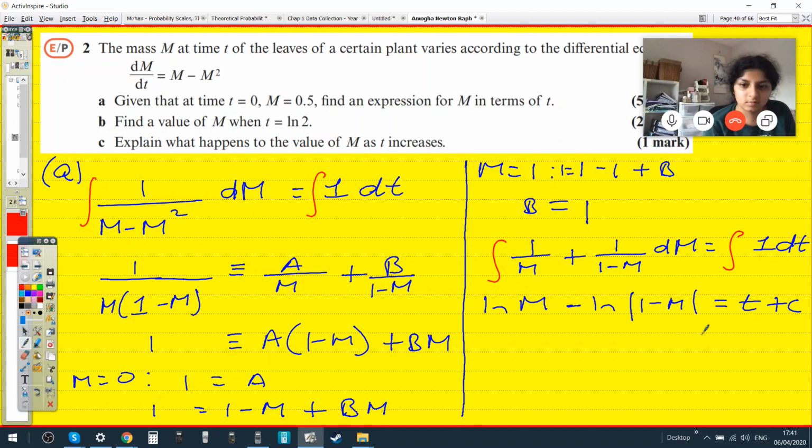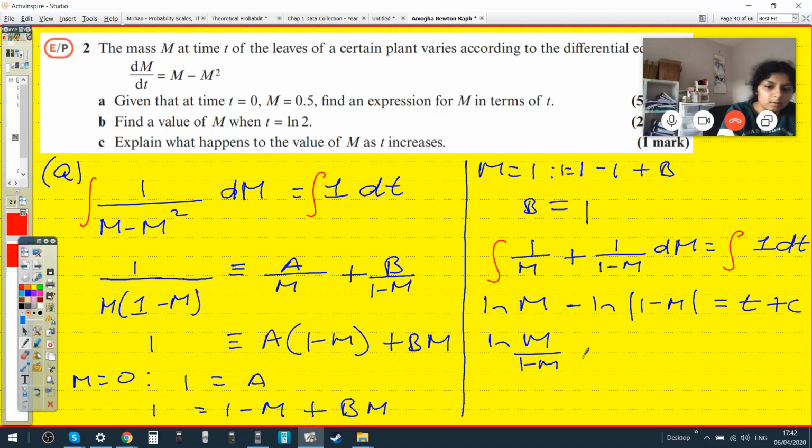And then you can just do e to the power of. Wouldn't you have e to the power of ln m over 1 minus m? Log rules. One log, take away another log. Yeah, it's divided by. So ln m over 1 minus m.